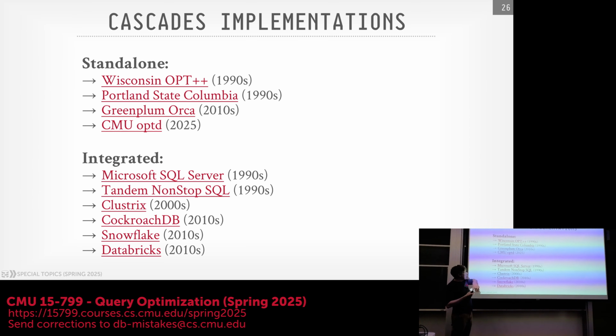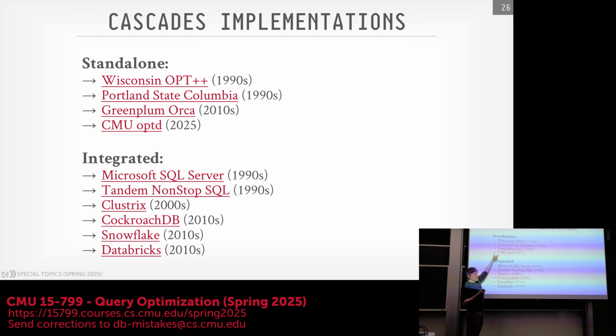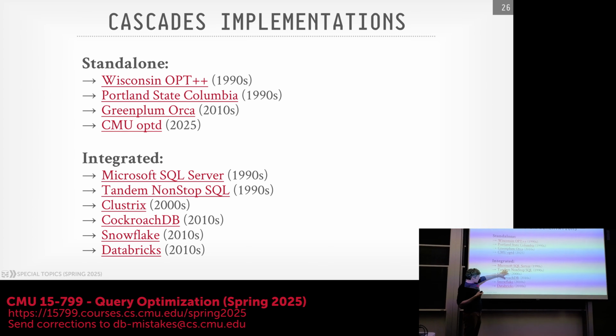There was one out of Wisconsin called Op++, which I think was written by Jignesh's roommate when he was in grad school. Greenplum we've talked about and will mention again in a second. And then this is what we're trying to build at CMU, OptD. The first implementation was more or less Volcano, and then we threw it away. We're going Cascades now. And there's a bunch of other commercial implementations. Tandem NonStop SQL has a paper in the 90s that describes what they're doing.